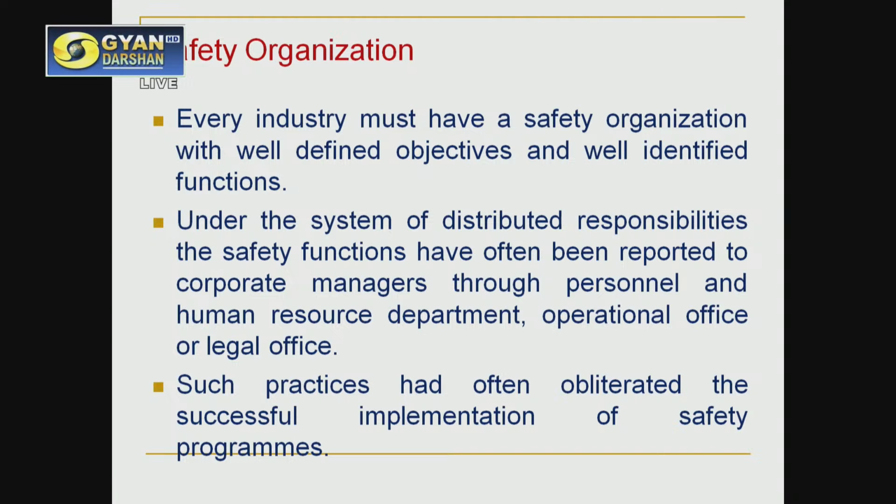It may be through an individual, or the HRD department, the human resource department, or through the operational office or legal office. So periodically the safety function is reported through this manager, individual persons, human resource department, operation office or legal office. Such practice is related to the successful implementation of the safety programs.